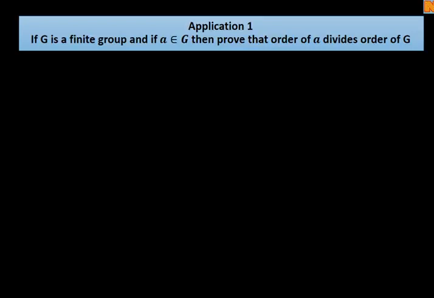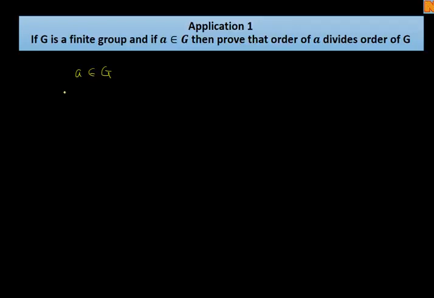So, first of all, we'll discuss what is the meaning of order of an element. See, a is an element from group G. G is a group, that means it has some binary operation, star suppose.